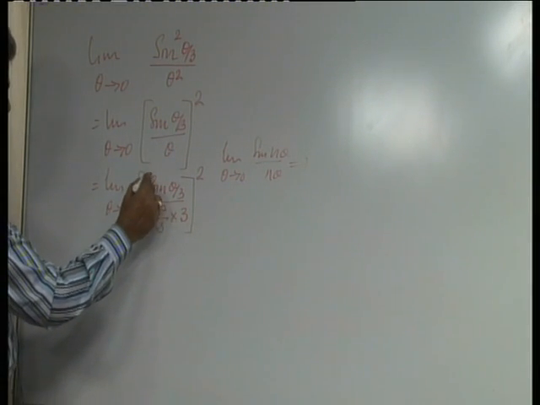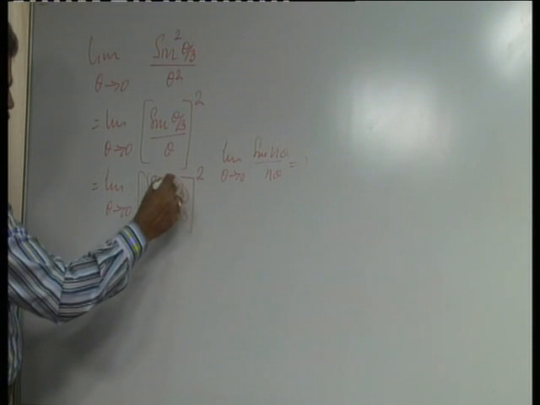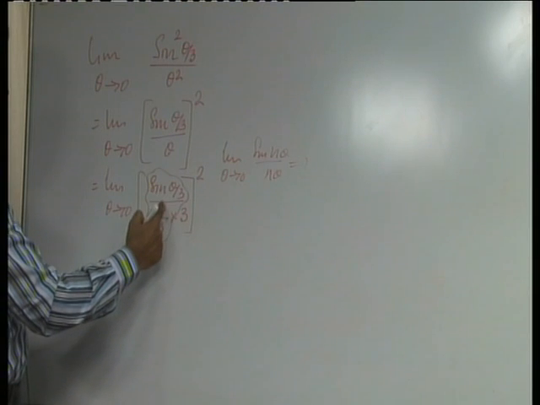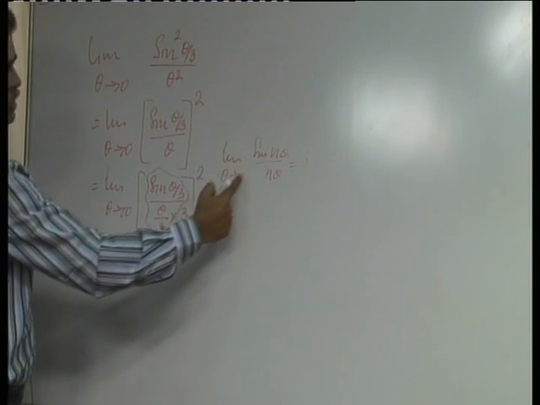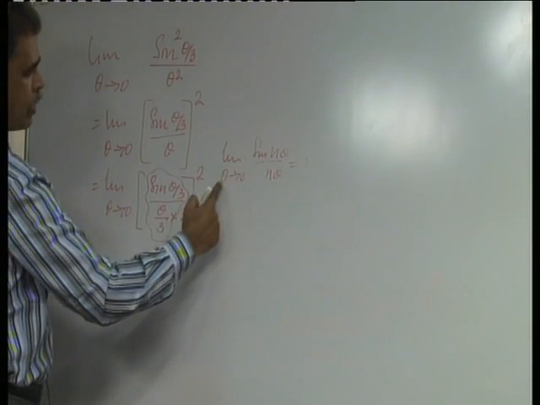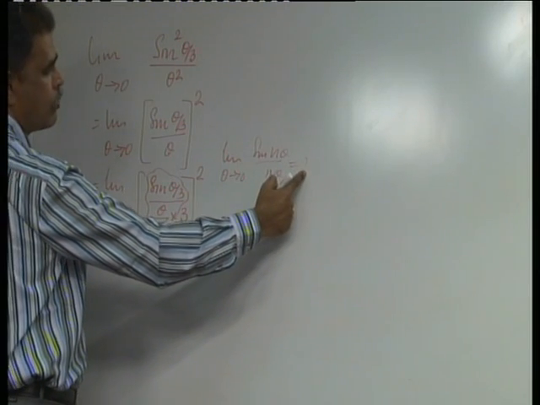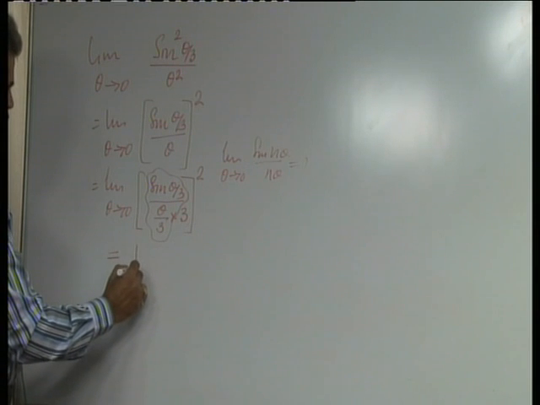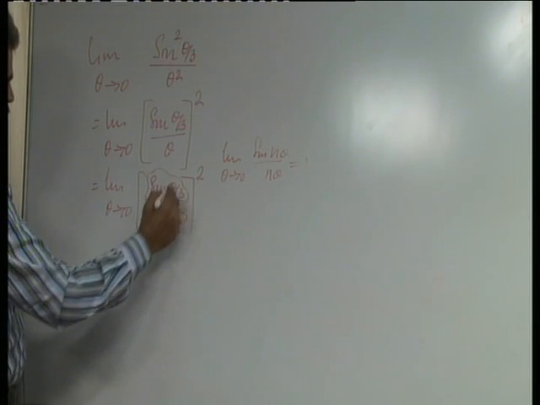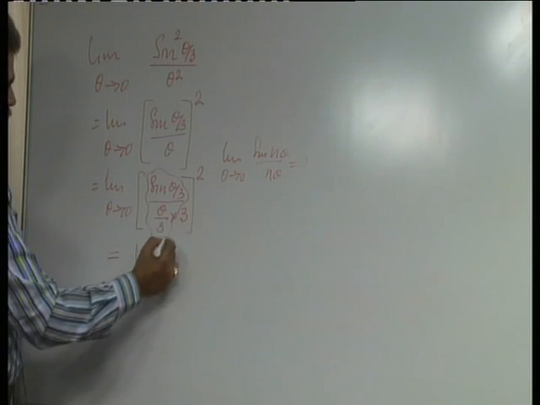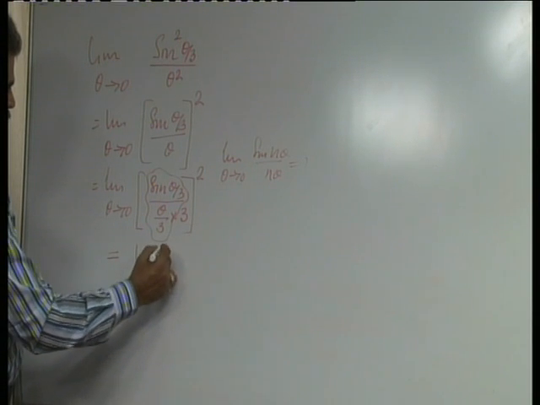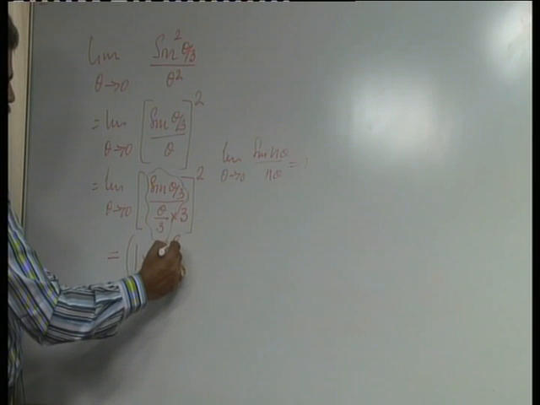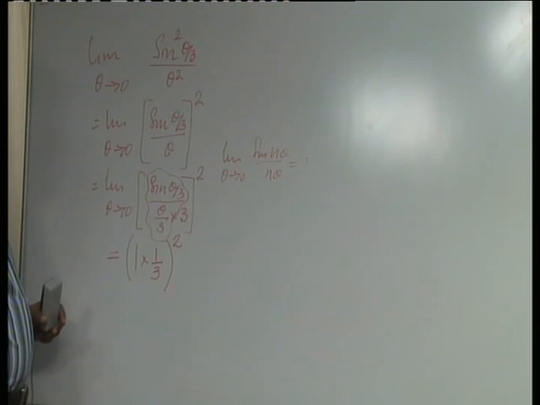Then you just consider only this much, this is what sin of n theta divided by n theta, as theta tends to 0 is equal to 1. According to that, I can take this as 1, for this 1 into 3 is at the denominator, that is 1 by 3, again there is a whole square, I will consider it whole square.